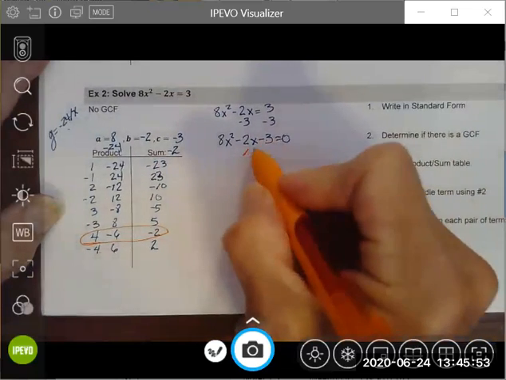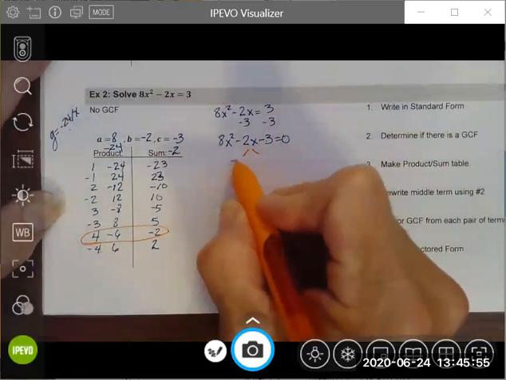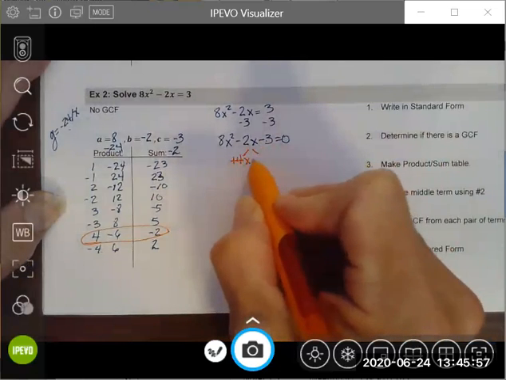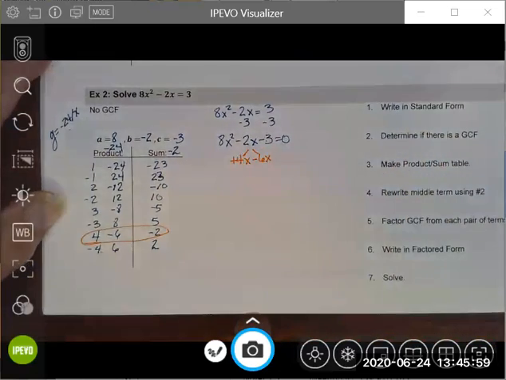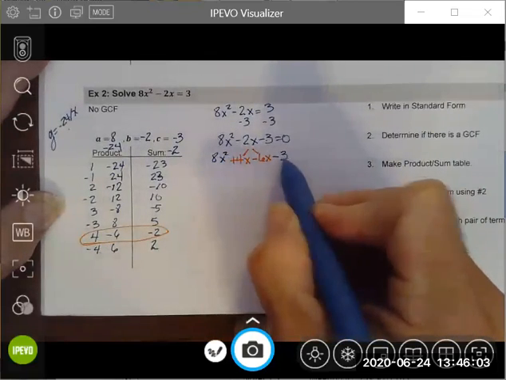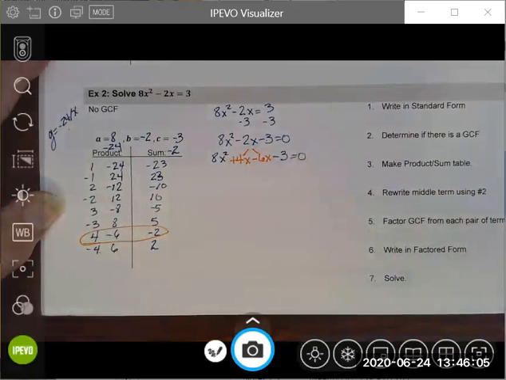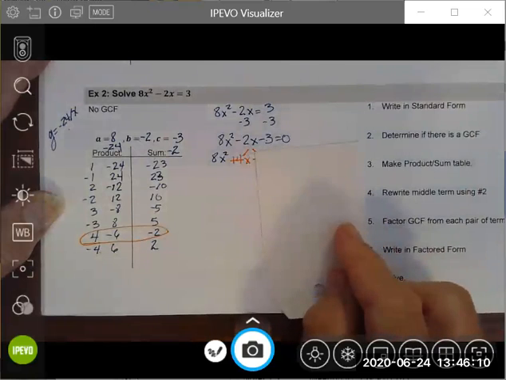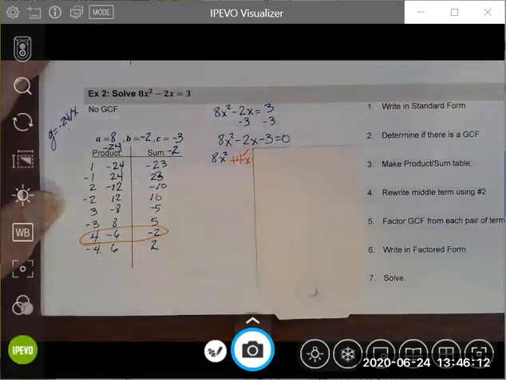So I am going to rewrite my middle term using a +4x and a negative 6x. I keep my first term, I keep my last term, and I have now two sets of binomials that I can factor using greatest common factor.